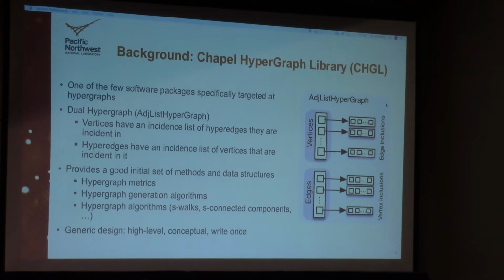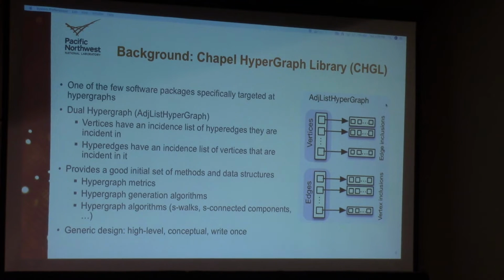And so the Chapel HyperGraph Library is one of the few packages that specifically target hypergraphs, and I believe it is the only package that targets hypergraphs in Chapel at least. It is a dual hypergraph where vertices and edges both have sets that contain each other.